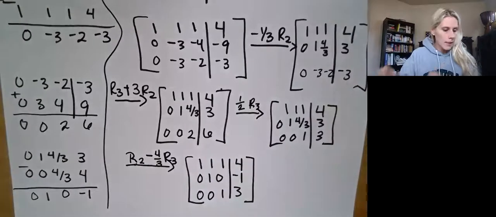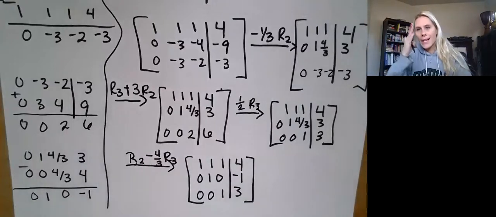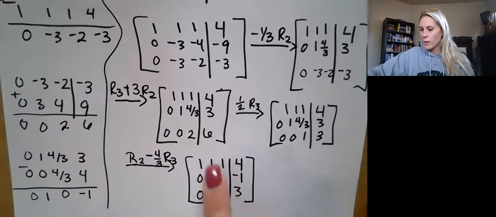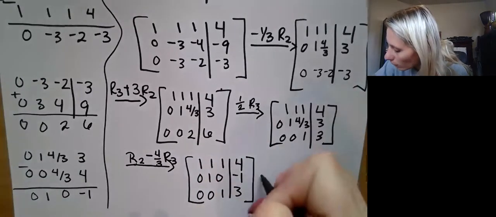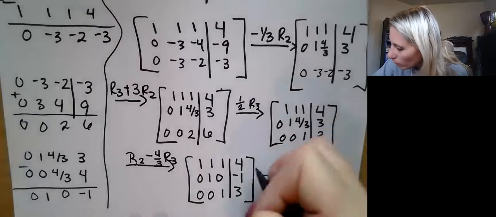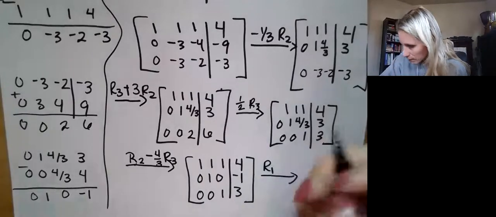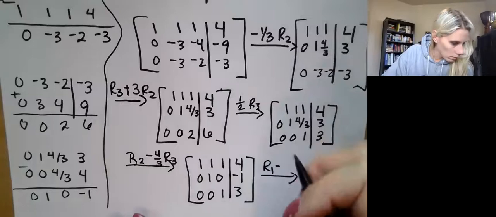Yes. Yay. Okay. Work your inside out on the side. So in other words, don't go here first. Go here. We need to get rid of that one. So how do we get rid of that one? Well, we want to change our row 1. So we're going to put row 1 in first, and we're going to subtract row 2.